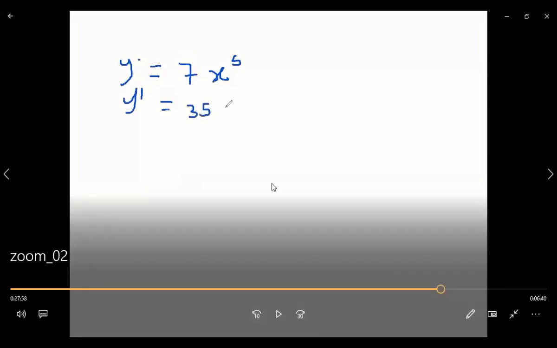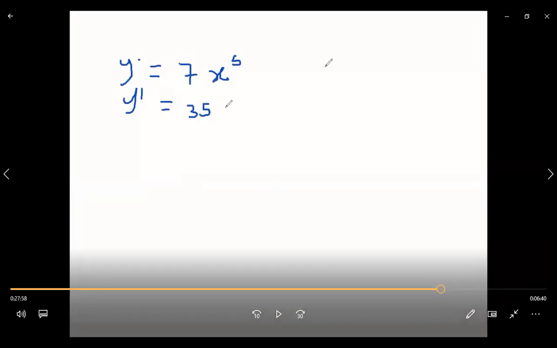So let me take my time and explain this. We are saying that we can have higher derivatives. Higher derivatives mean, all along what we have been doing is finding dy/dx, which is a first derivative.